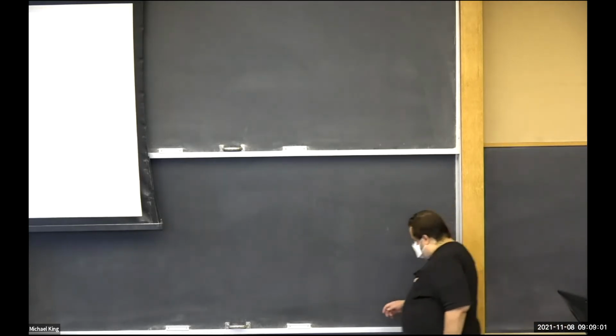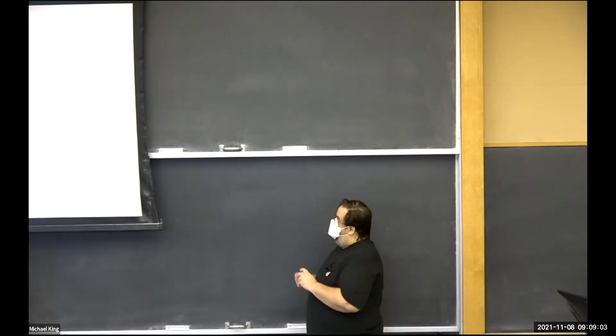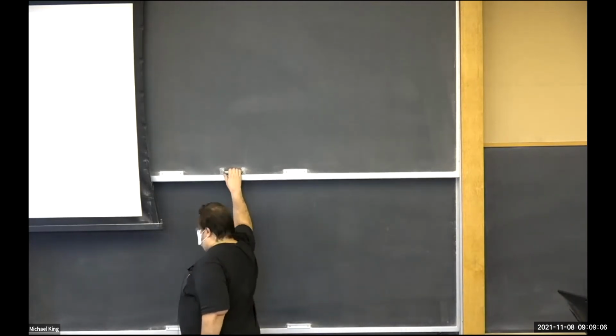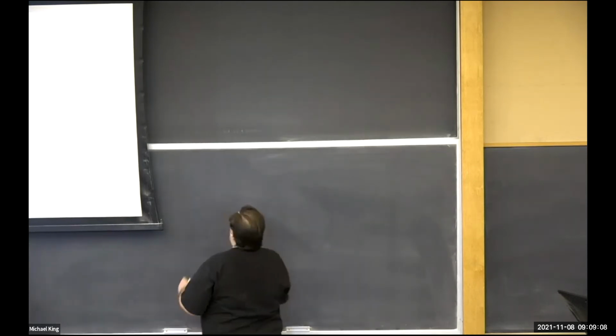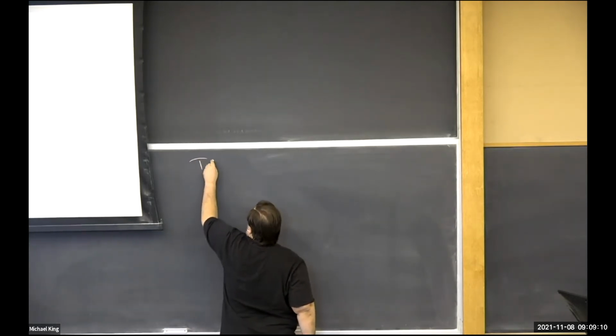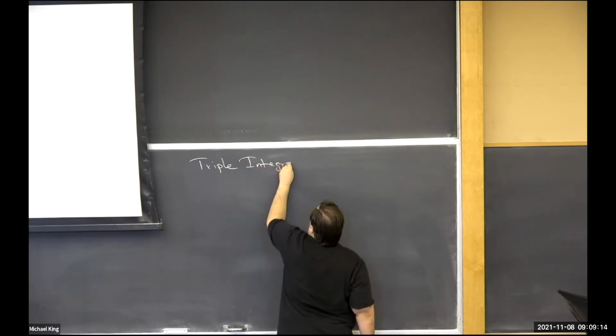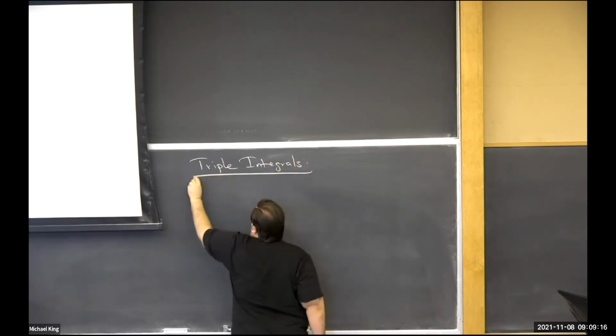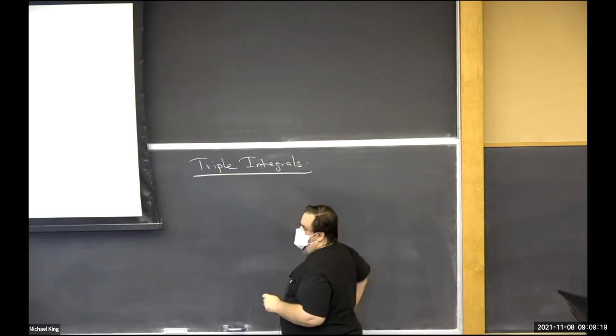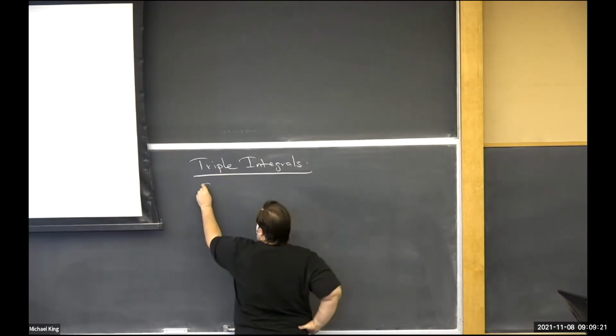But I do want to motivate this a little bit by the one dimension down case, because that's what we always seem to do, right? So let's talk about triple integrals. Go down a dimension first.